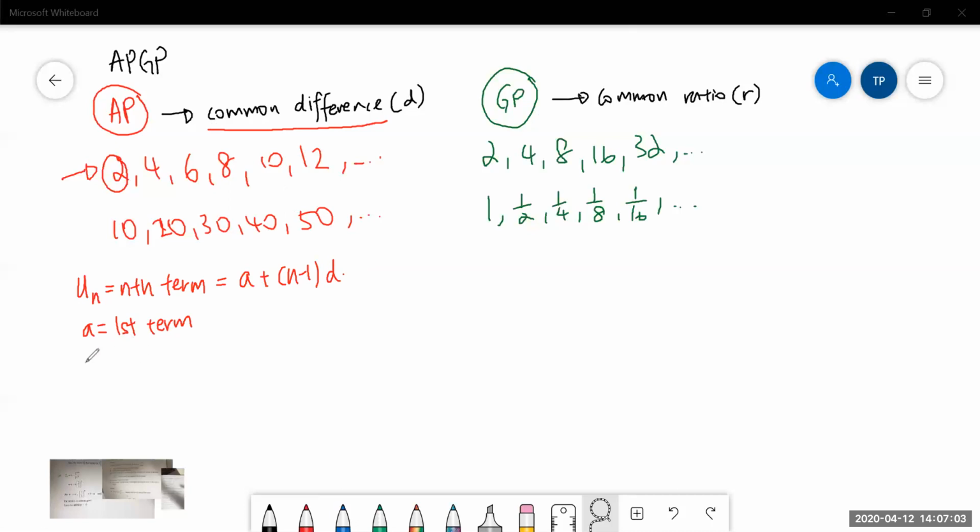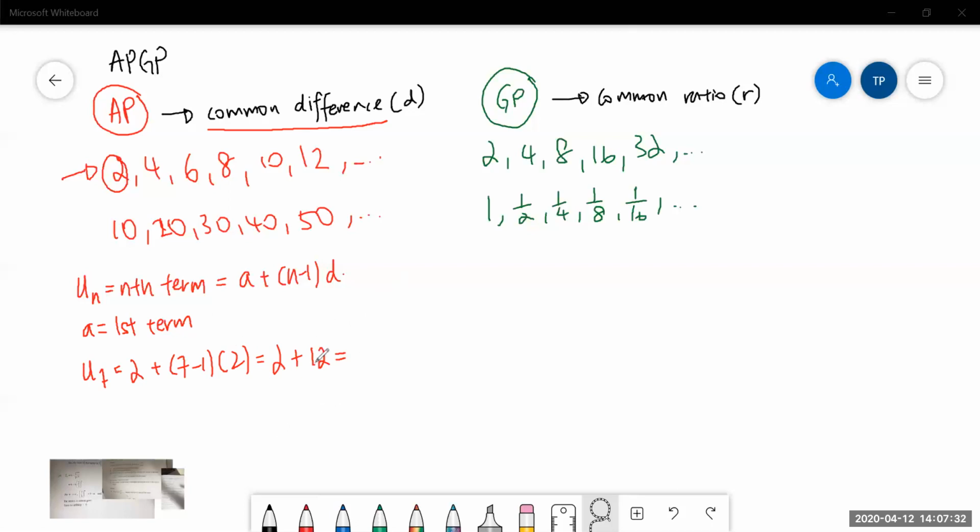So let's say if I want to find U7, what's the first term? 2, right? Plus (7 minus 1). What's the common difference here? It's 2. So we get 2 plus 6 times 2, which is 12.